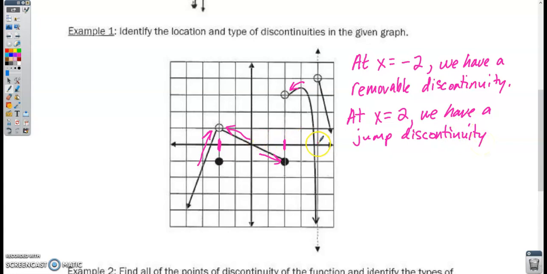And then over here at 4, we have our third discontinuity. As x approaches 4 from the left, it's approaching -infinity. So the limit approaches an infinite value from one side, either positive or negative infinity. So we have an infinite discontinuity here.